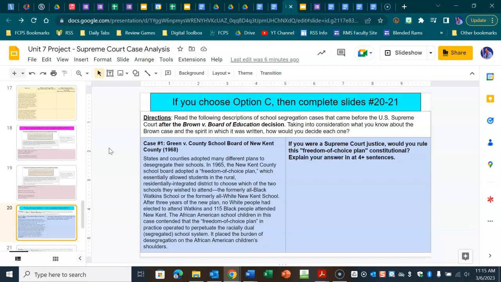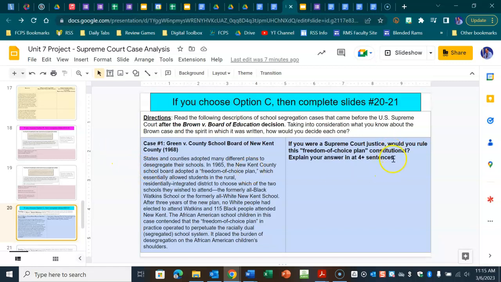After 3 years of the new plan, no white people had elected to attend Watkins, and 115 black people attended New Kent. The African American school children, in this case, contended that the freedom of choice plan in practice operated to perpetuate the racially dual or segregated school system. It placed the burden of desegregation on the African American children's shoulders.